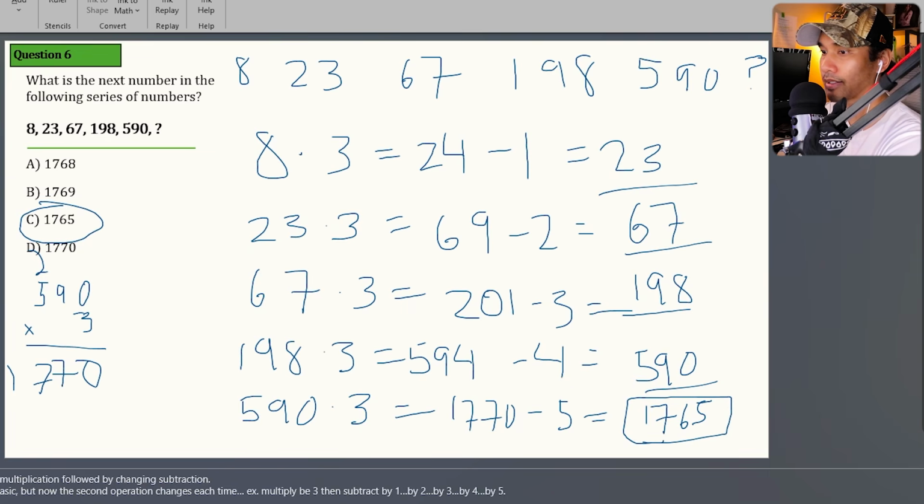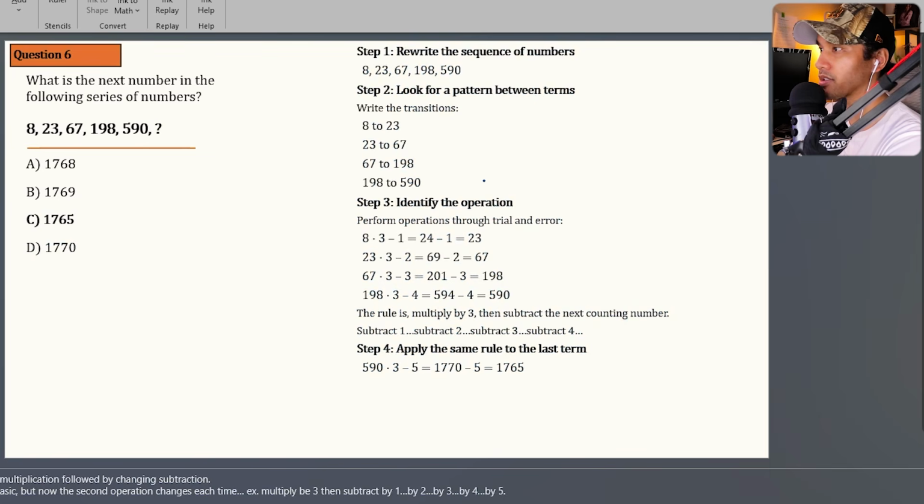All right, let's see what we got on the answer slide. So again, rewrite the sequence of numbers, look for the patterns between the terms. This is just going to be hard to identify, but you need to know that, or you don't need to. I guess you could say you need to. You're going to need to know that you're going to have to do 2 operations in this number series.